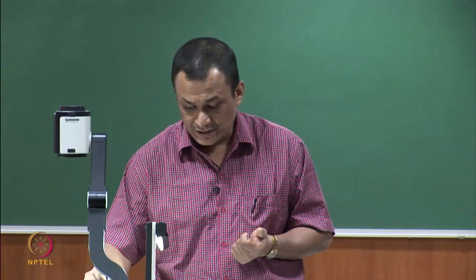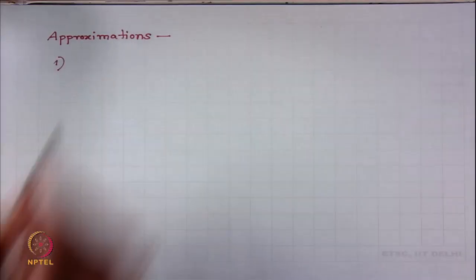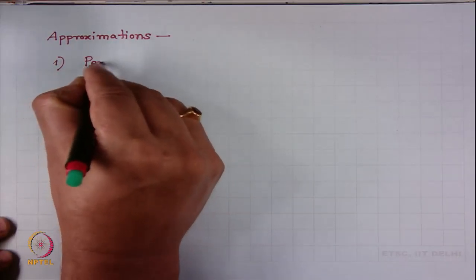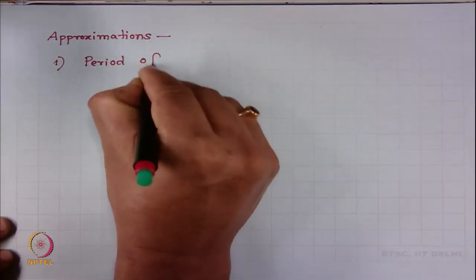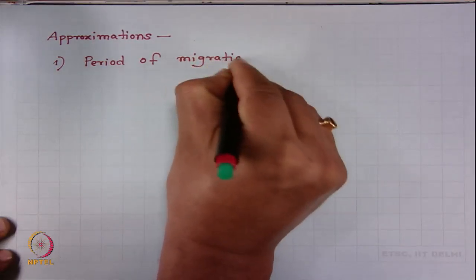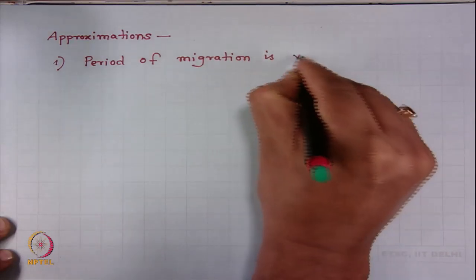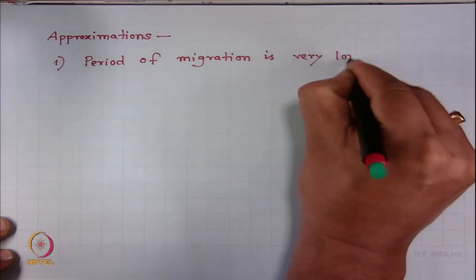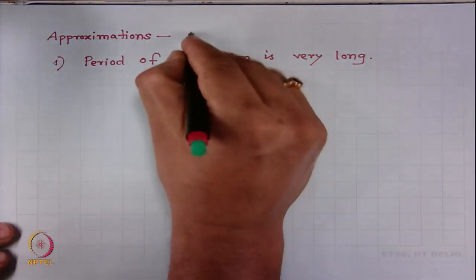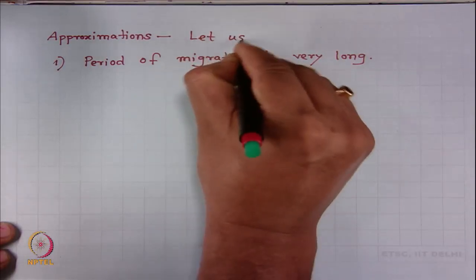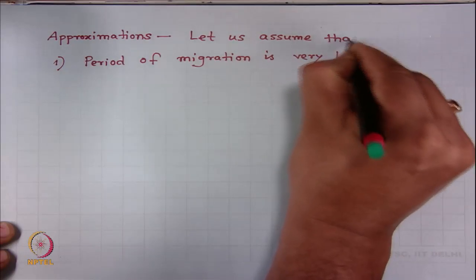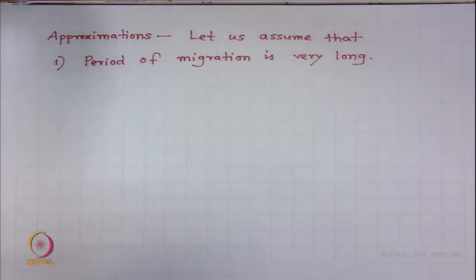So, the first approximation: the period of migration is very long. Let us assume that the period of migration is very long.